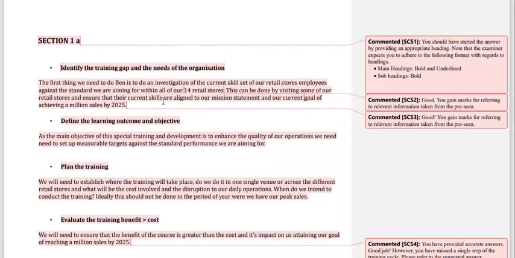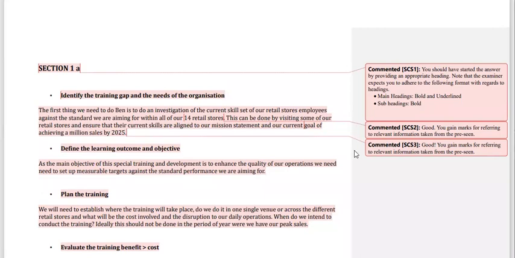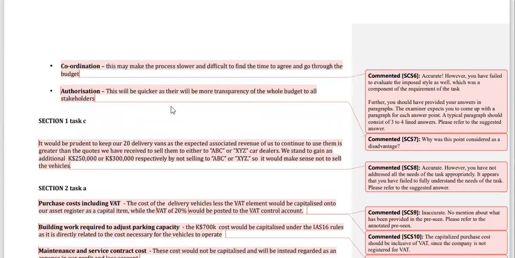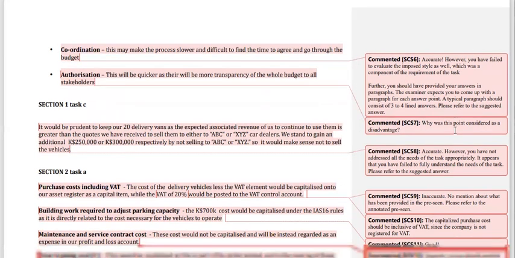So we provide feedback on a paragraph by paragraph basis. These are the feedback which our lead tutors have provided. As you can see, the student had written just one single one-line answer, but our feedback goes on to 2 paragraphs. Okay, so that's how comprehensive our feedback is.